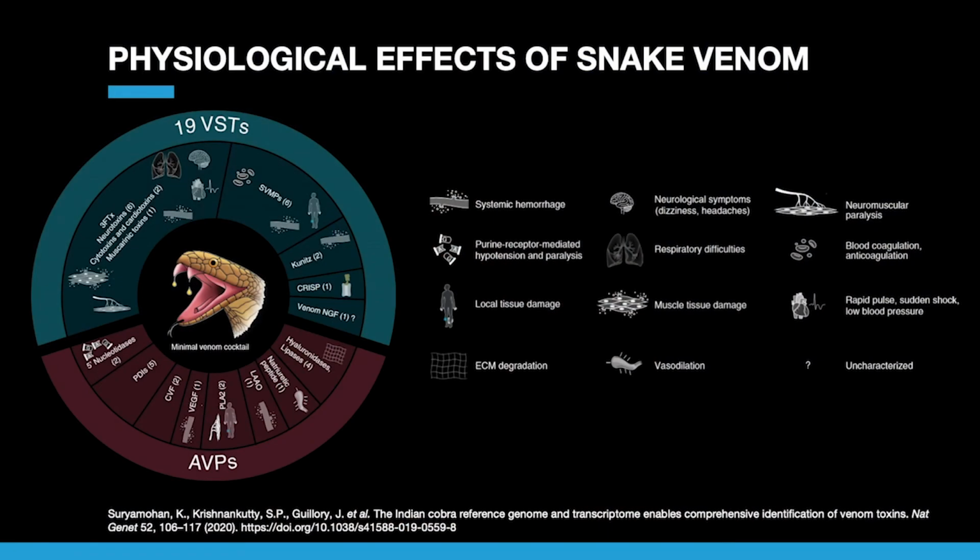And so here is an example of the different physiological effects of snake venom. These are venom snake toxins, and that's what VST stands for. And then AVP is accessory venom proteins. Together, this cocktail of venom is what's giving you the different physiological effects shown here.